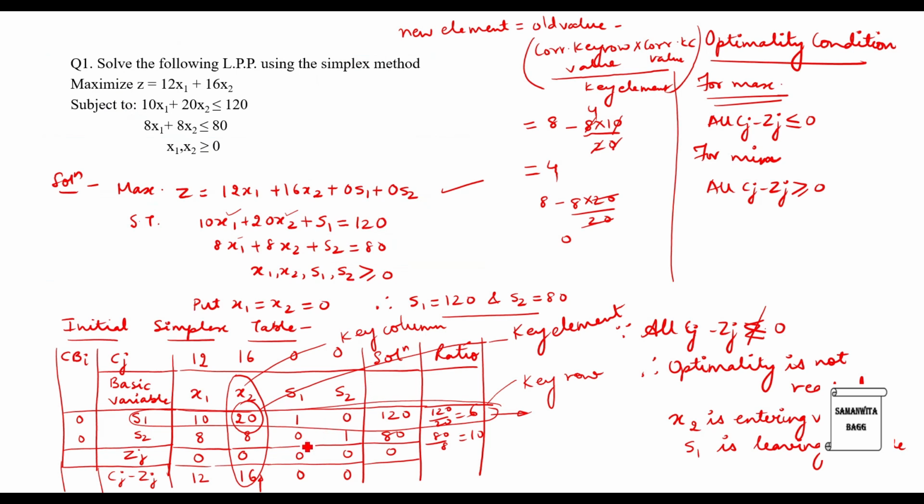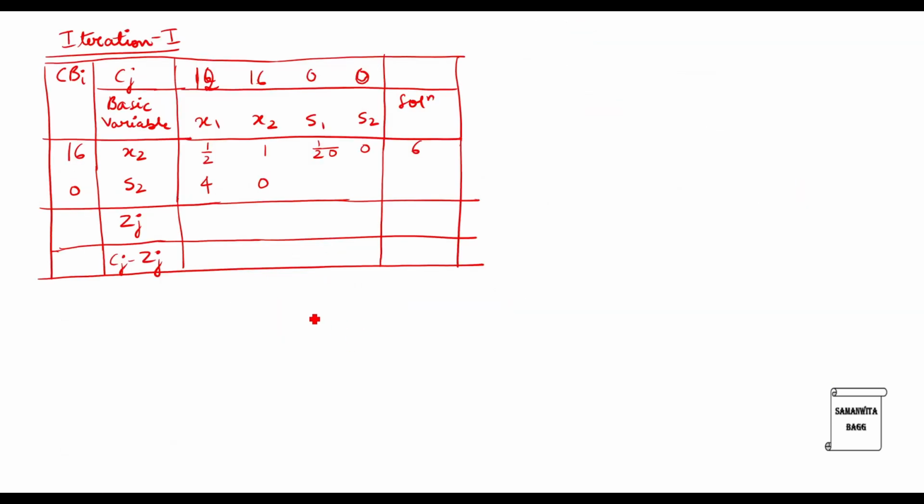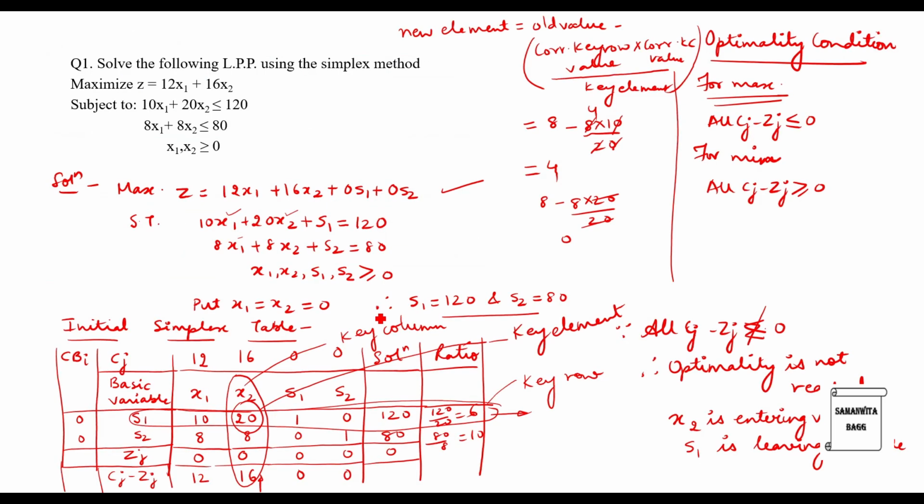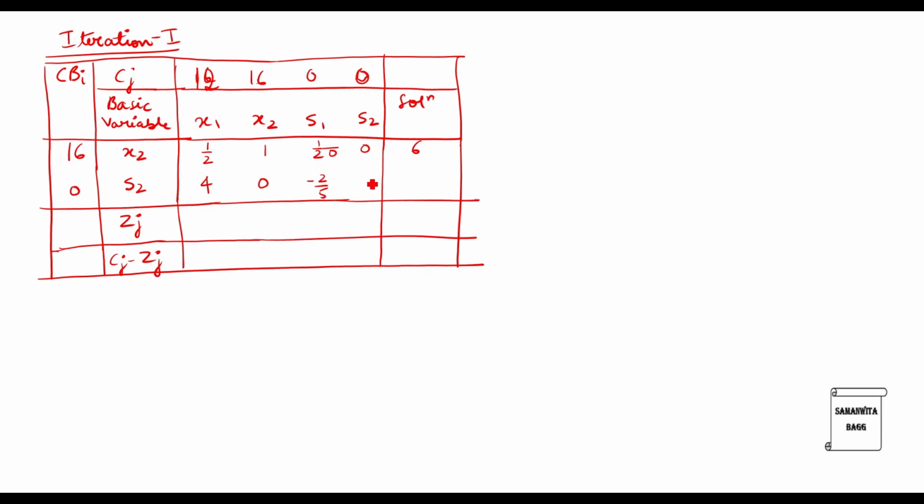This is 0 minus 1 into 8 by 20. So this will be 8 upon 20, that is 2 by 5, and with the minus sign, it is minus 2 by 5. Then for this position, it is 1 minus 0 upon 20, so it is just the same number itself. So I'll write here 1.